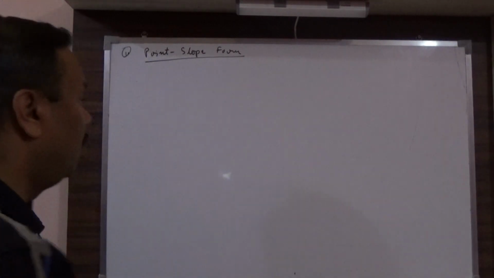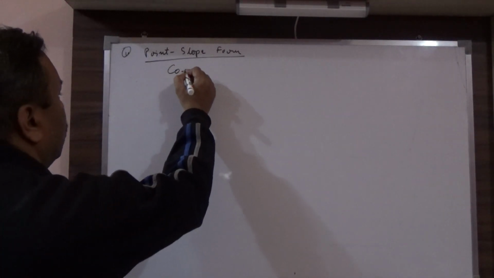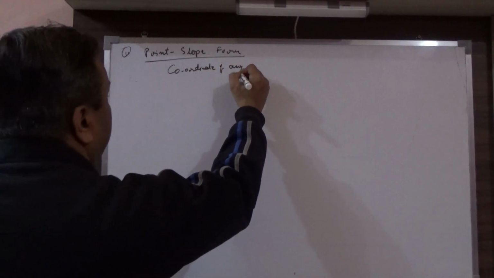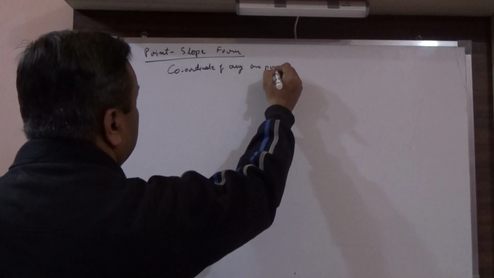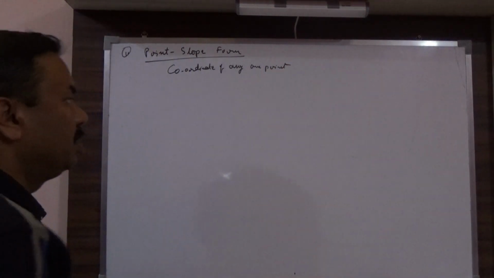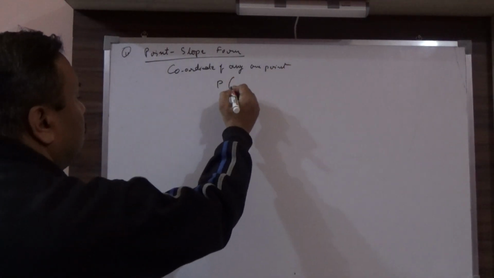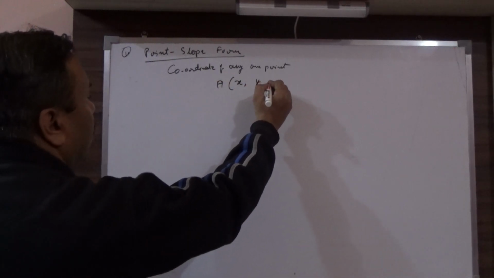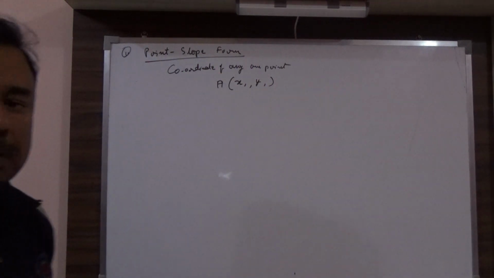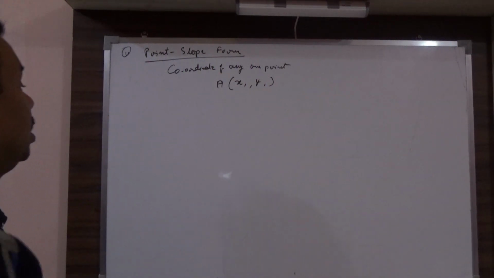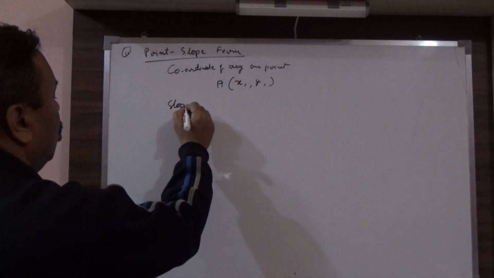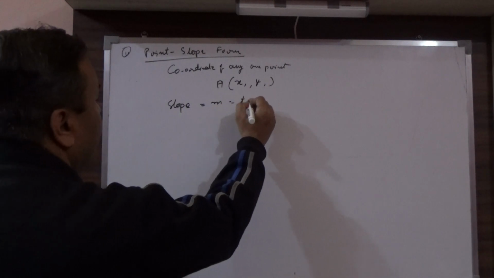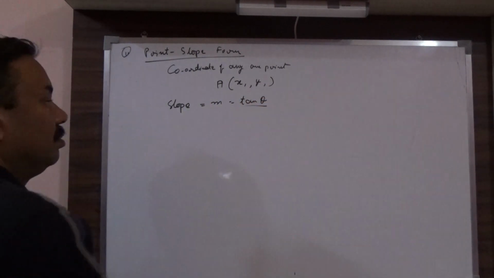In point slope form, obviously you will be given coordinates of any one point. Okay, suppose that point is P, or take it as A, whose coordinates are x1 and y1. Okay, the second information given to you is the slope of the line, that is m, or I can say tan theta.